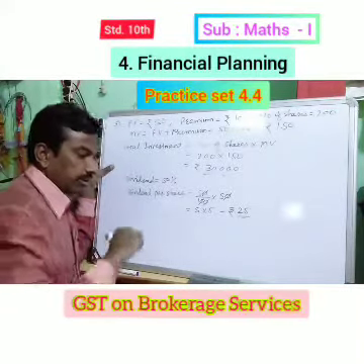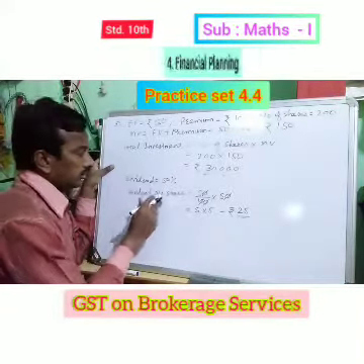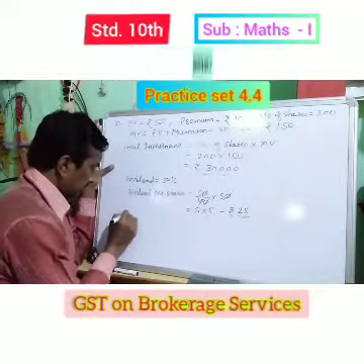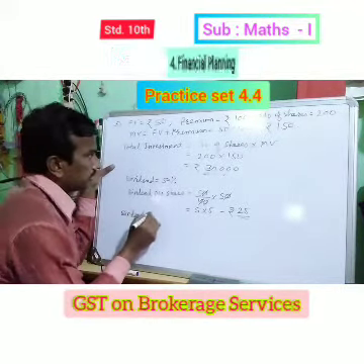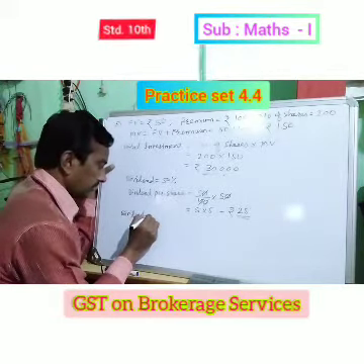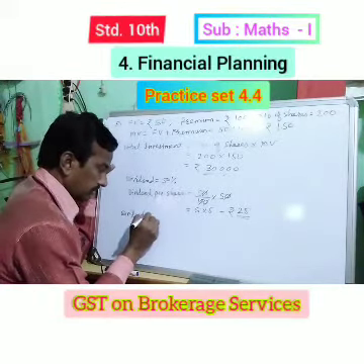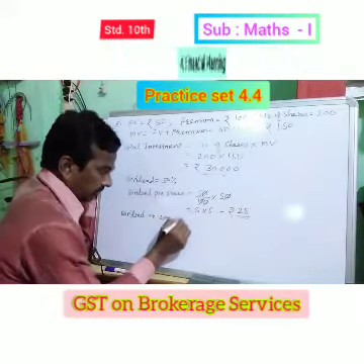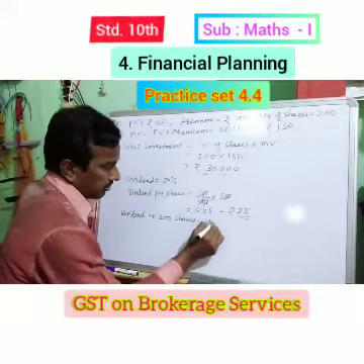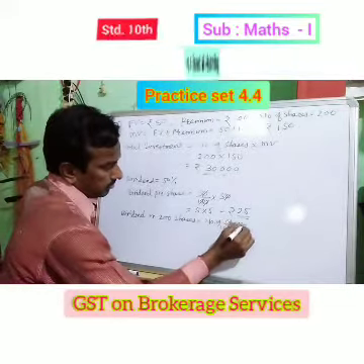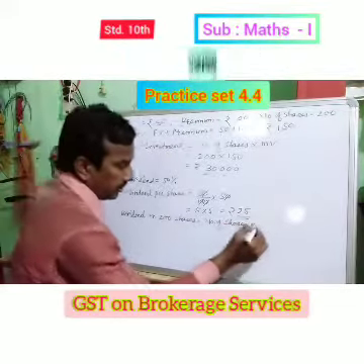Now dividend on 200 shares, this is per share. Dividend total is, we sold 200 shares, therefore dividend on 200 shares is number of shares into dividend per share.